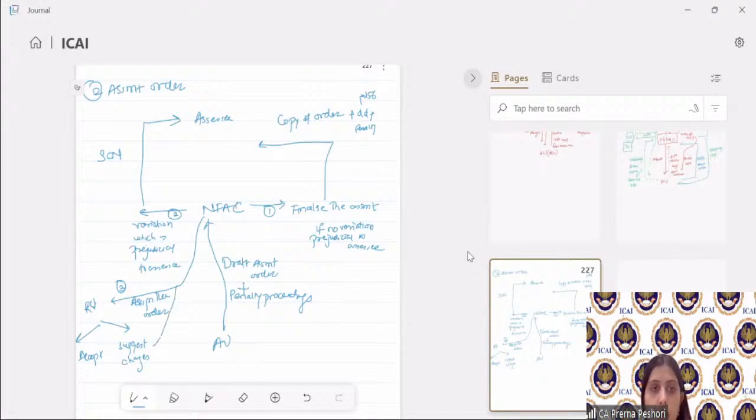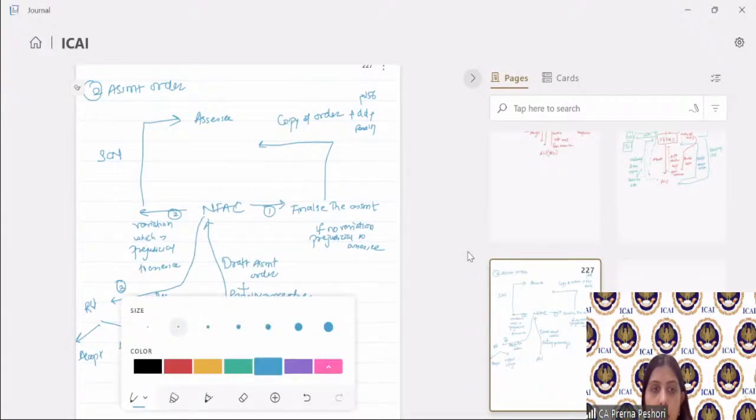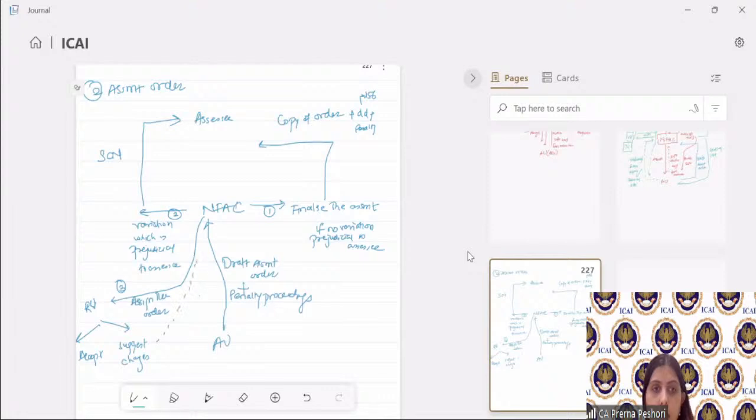If the review unit has suggested the changes to the NFSC, then NFSC will give this assessment order to another AU, not back to this AU, but to the other AU, because it thinks that this AU has not performed well. Is that clear? It will assign the case to another assessment unit.